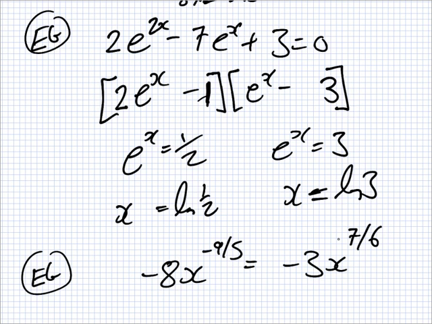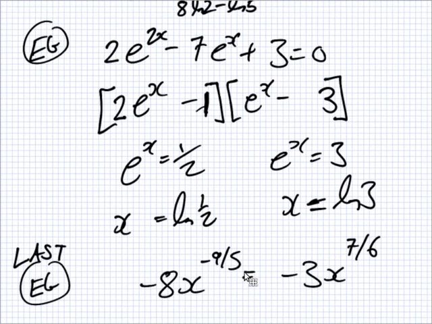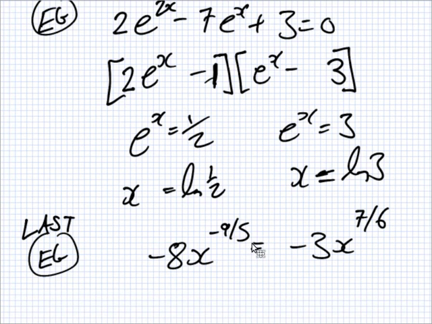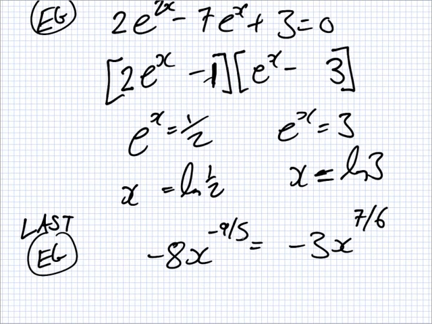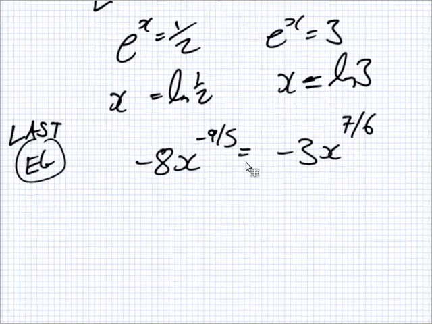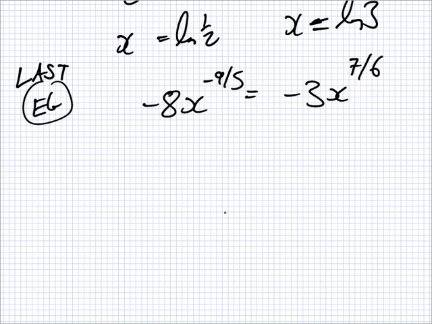But different bases, right? This is from the last lesson, is it? I don't see how that's very different to what I did. Just briefly, here, this is x^(7/6) over x^(-9/5).